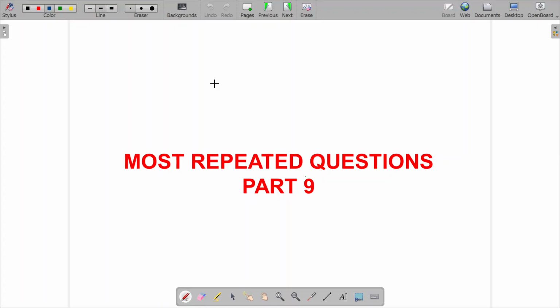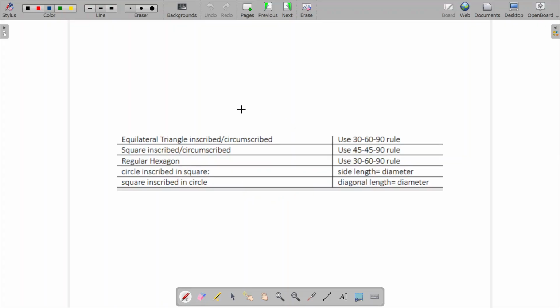So let's move forward now. And here comes the summary of when to use 30 60 90 and where we can use 45 45 90. Very important, because you know the concept, but if you don't know how to implement it and where to implement it, trust me, that will not help you.